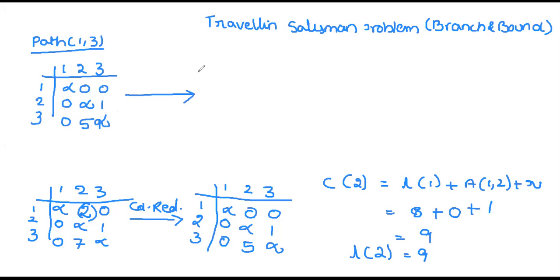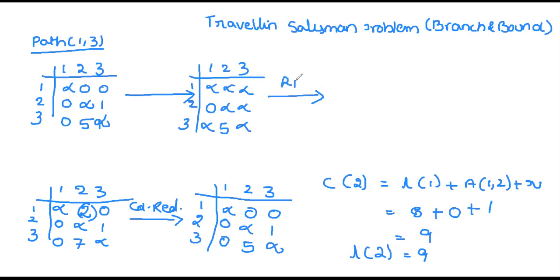After that, first we will make the first row infinity and the third column infinity. After that, A of 3, 1, at the third row, first column, make it infinity. All remaining values appear the same.